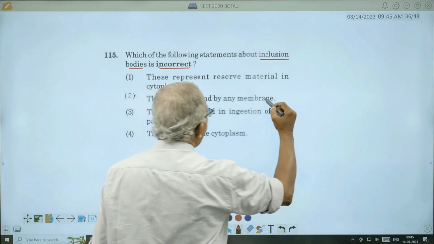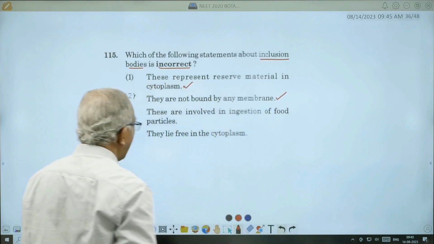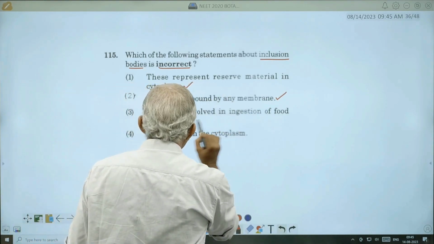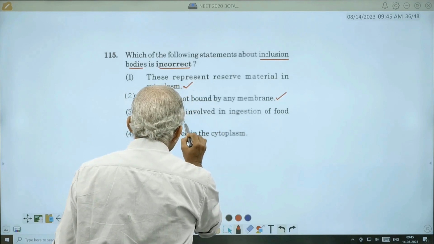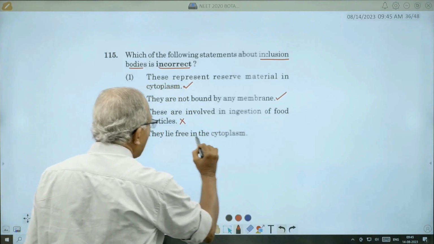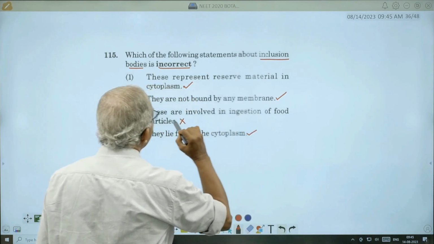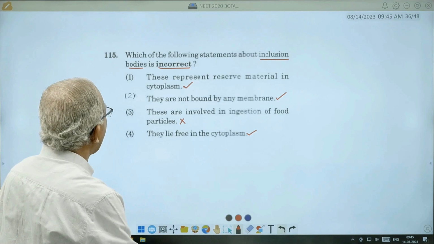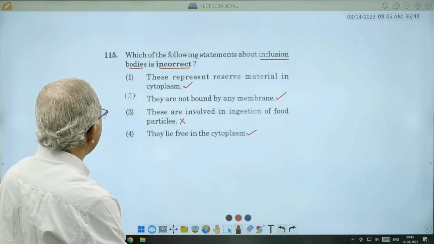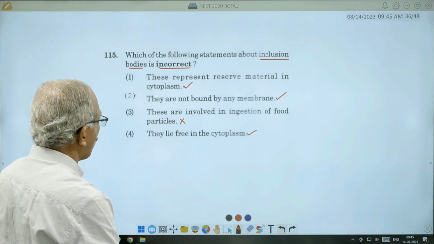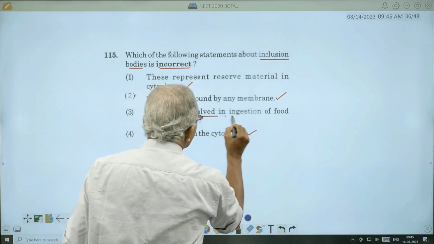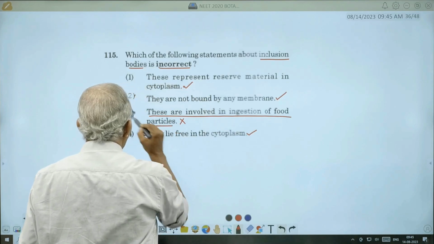They are not bound by any membrane. Correct. But that these are involved in ingestion of food particles is wrong. They lie free in the cytoplasm. Statements 1, 2 and 4 are correct. So we want the incorrect statement, and the answer is 3.